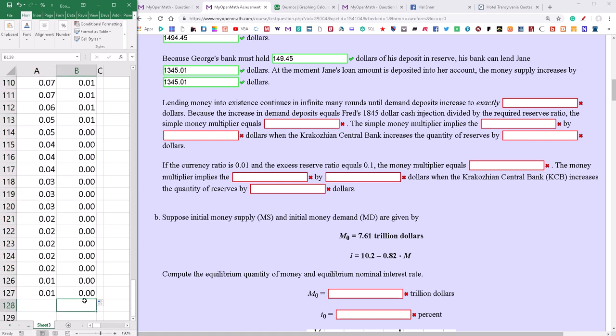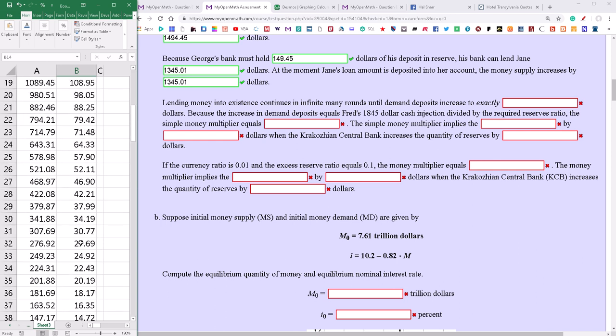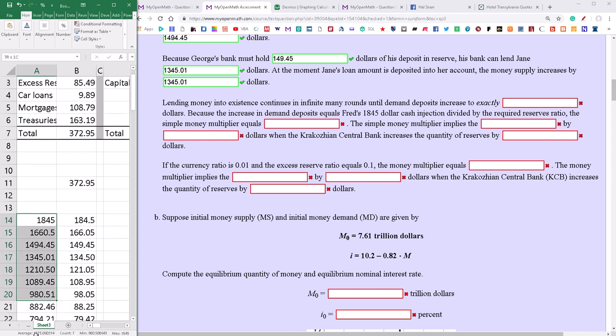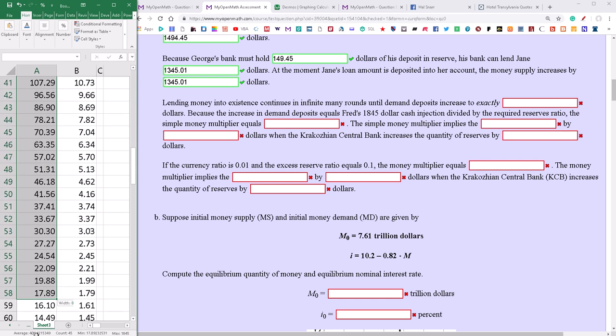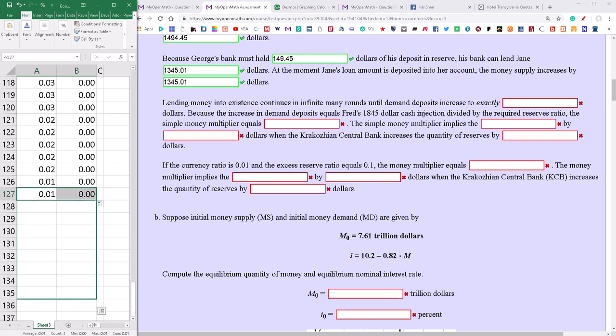Okay, so we got 0 down here, right? So this first column is how much money must be held on reserve, right? And this is how much the money supply increased by. Okay, let's go ahead and drag it down until the first column is 0.